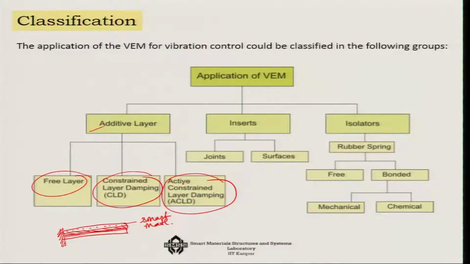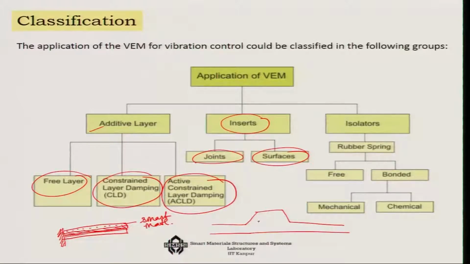But these are all layer-wise treatments. Viscoelastic materials can also be used as inserts, for example, in joints or in surfaces. One example could be that you have one part of the system, and then another part of the system coming up, and you are joining the two.